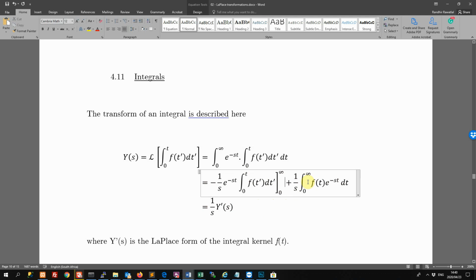And then here, we recognize that this is now the Laplace transform of f of t itself. So it's 1 over s y dashed, right? It's not the Laplace transform of the integral, but we can easily relate that Laplace transform to the Laplace transform of the function itself. So for integration, we have this interesting result here, that the transforms of the integrated and unintegrated forms are related by a 1 over s.